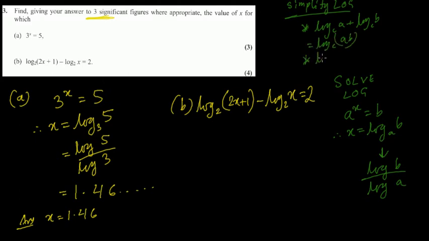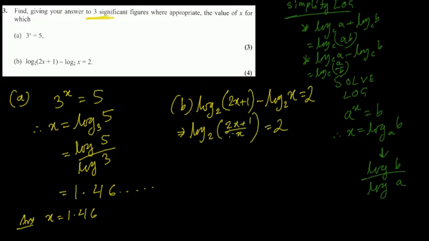Then if you have log base c of a minus log base c of b, you can write log of a divided by b. So that's what we have to do here. When you have this log base 2 of this minus this, you can just divide it: (2x plus 1) divided by x equals 2.